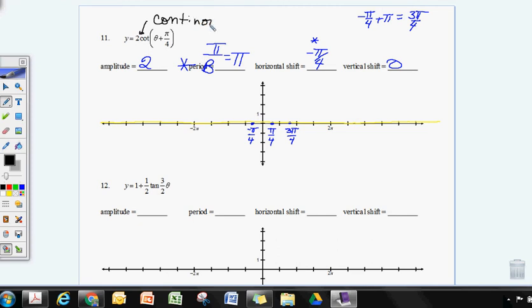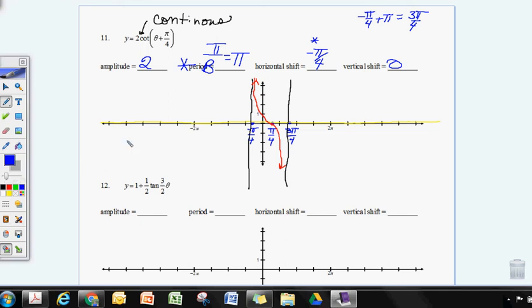If out of those 3 points I want a continuous wave, there is an asymptote at the beginning, and there is an asymptote at the end, and a cotangent wave starts high, it's hugging the asymptote, it hits the middle point on the yellow line, and then it comes down. So there's my cotangent wave.